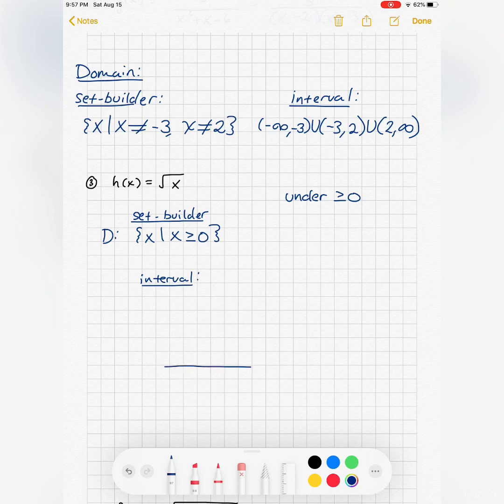For the interval notation, think about a number line. I want to start at 0, zero's included, and go right. So to include 0, I'd use a bracket, 0 to infinity.